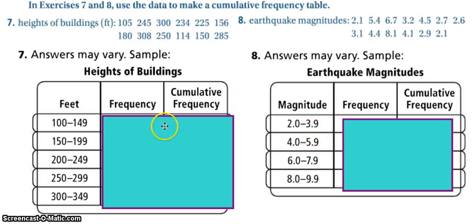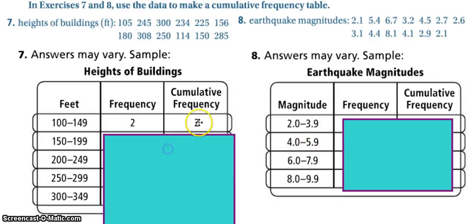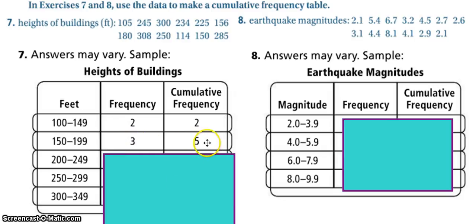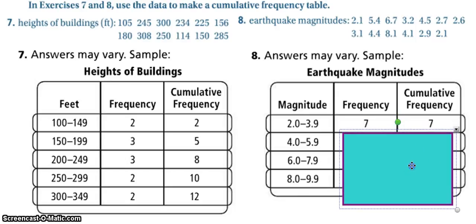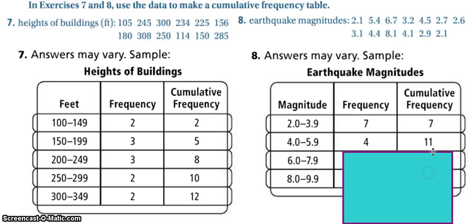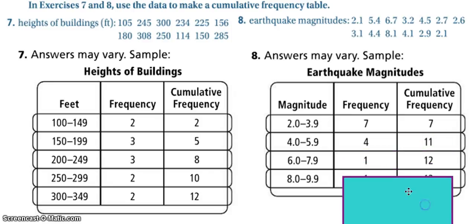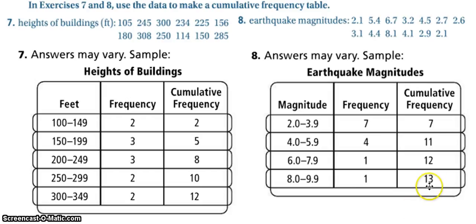So my frequency there from 50 to 100 is 2, so my cumulative frequency is 2, but then as I go up, I get 3, so now my cumulative is 5, and so on. And then I can do the same thing for my earthquake magnitudes. I start with a frequency of 7, then I get 4 more, so my cumulative becomes 11, I get 1 more, cumulative becomes 12, and then to finish us off, I have 13 total values.